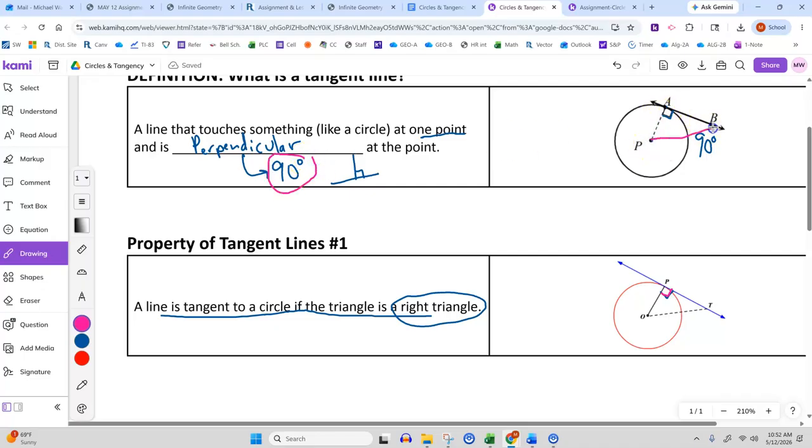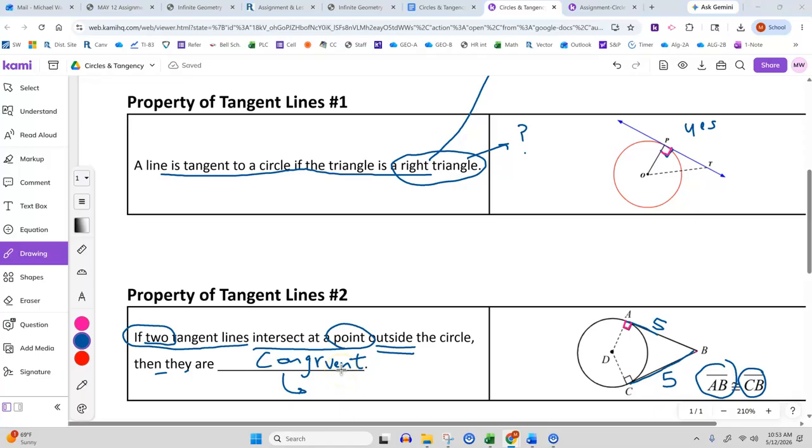So one of the ways we can check it is we can see, let me do this in blue. Is it a right triangle? That's the question. Is it a right triangle? If it's tangent, yes. So this is tangent, so yes. But if it's not a right triangle, then it's not tangent. Okay?